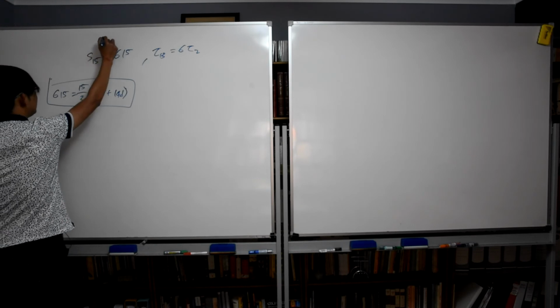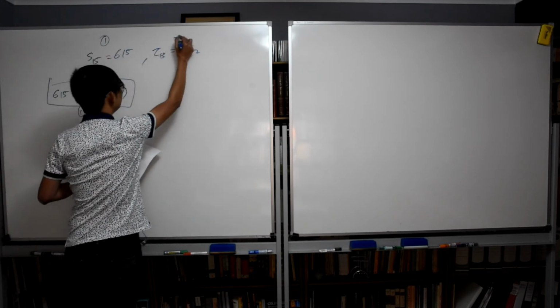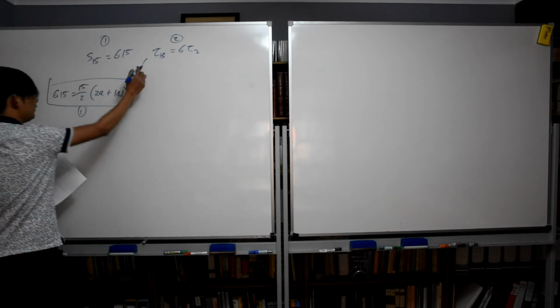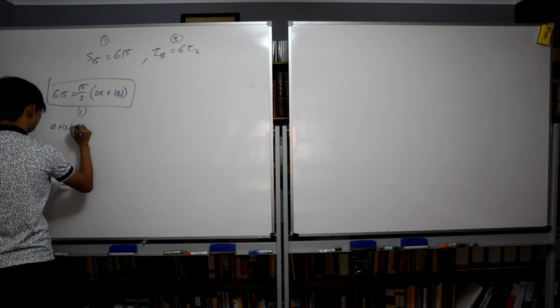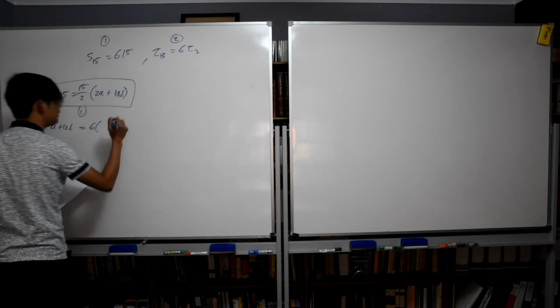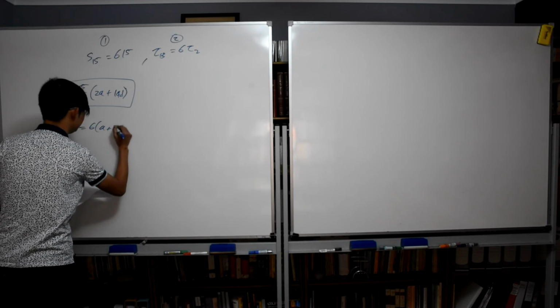Let's denote this as equation 1 and equation 2. But we also know that from equation 2, the 13th term, a plus 12d, must be equal to 6 times the second term. And the second term has one common difference added onto it.